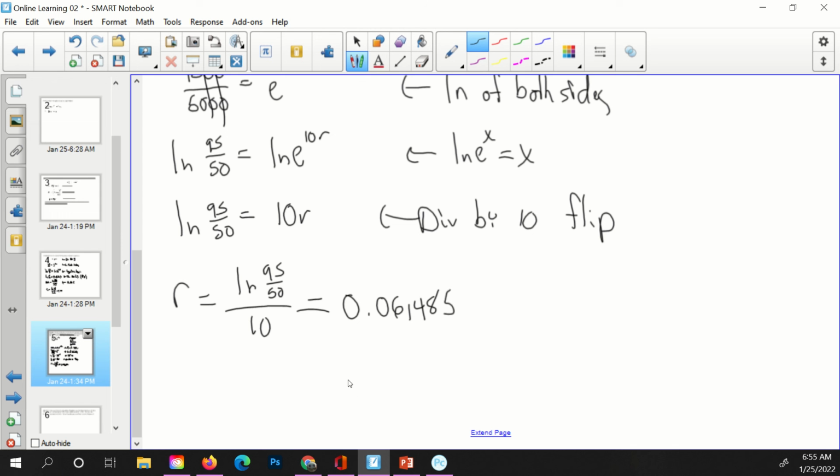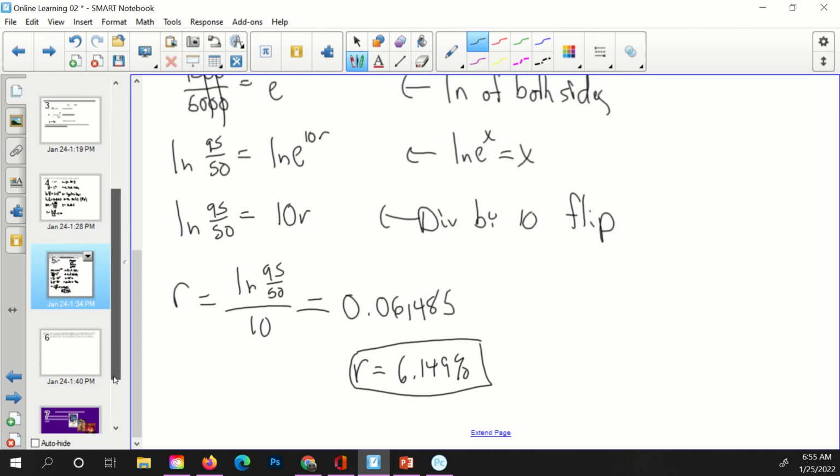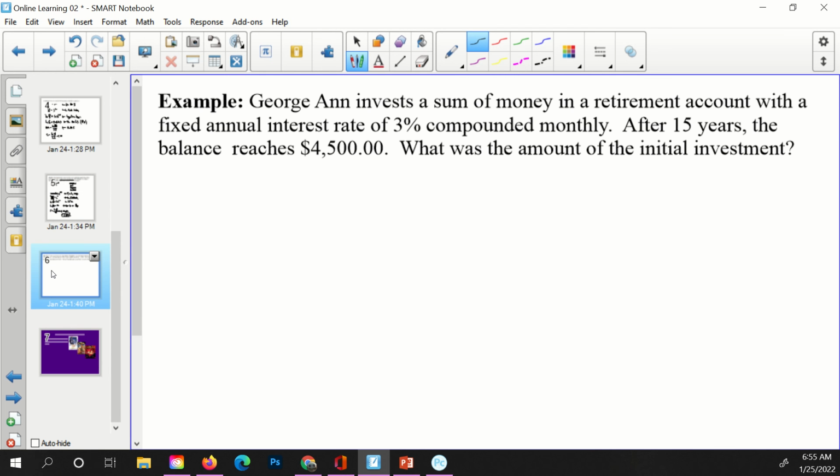And so we'll round that, and we'll say r is equal to 6.149%, because we had to round. That is our answer.